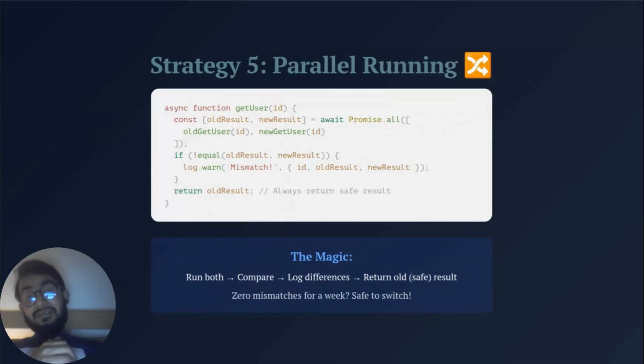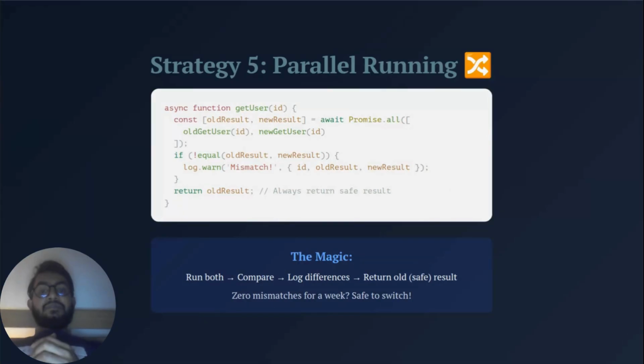Another interesting strategy is parallel running. You need to run both the old code and the new code, and compare the difference. If your refactoring doesn't add any value, then it's not meaningful to do it, right?